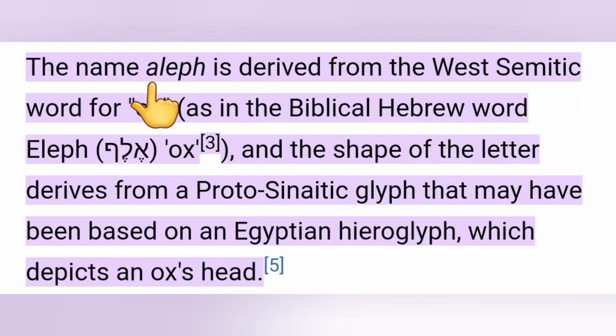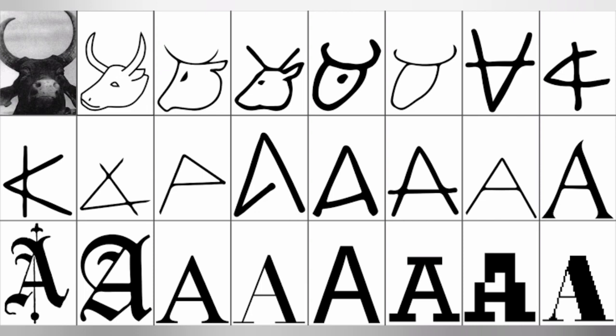These Canaanites came up with the idea of using only the first letter of the word. So they took the word Aleph and used the A in front of it. This is why the word Aleph or Alpha is still used today. And as you can see, the letter A is just an ox head turned upside down.